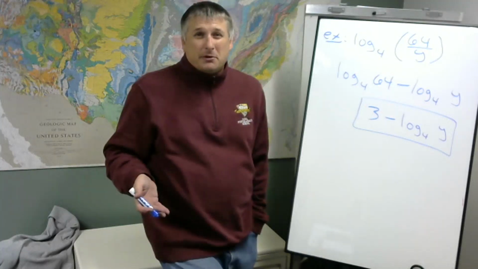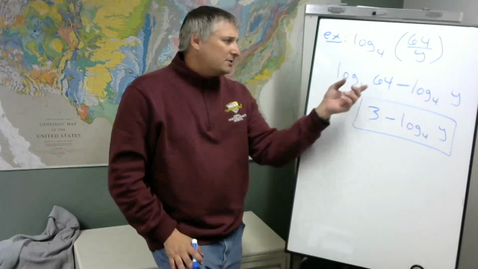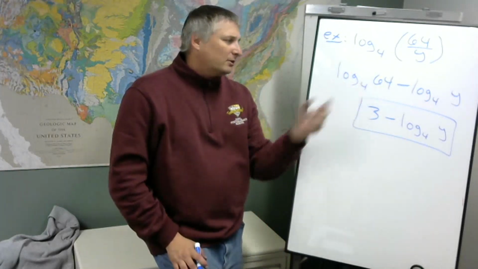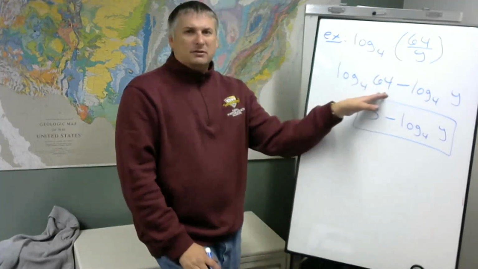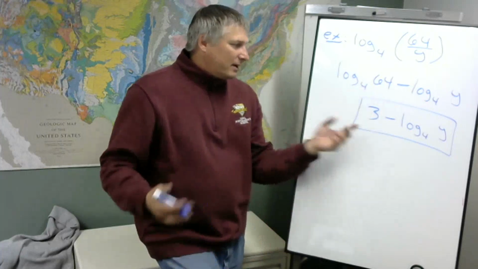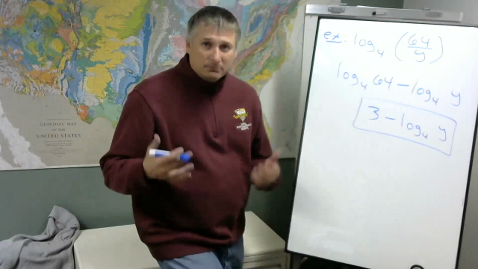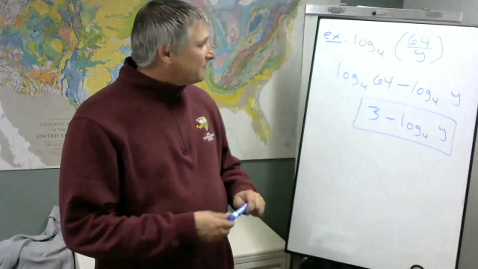We just leave it as square root 3. Same thing with logarithms. If you got an irrational number, just leave it as log base 4 of 64. But this one comes out to a whole number 3, or a rational number, which is nice. So there we go.